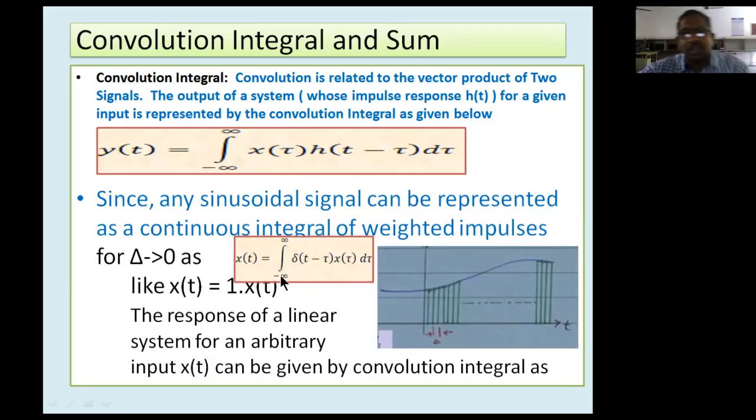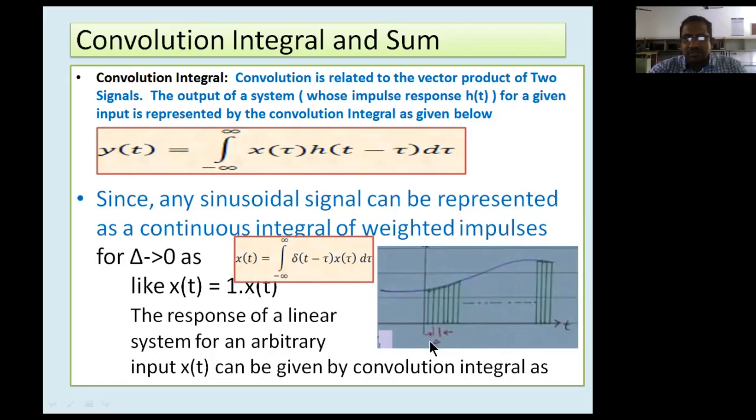That means whatever the value of the signal is at an instance of tau, we get that signal at the input. So if you remove this integral, I can write x of tau is equal to delta of t minus tau into x of tau. If you put the integration, what happens? I will be tracing the complete signal from these individual samples, where the sampling interval delta becomes equal to 0.